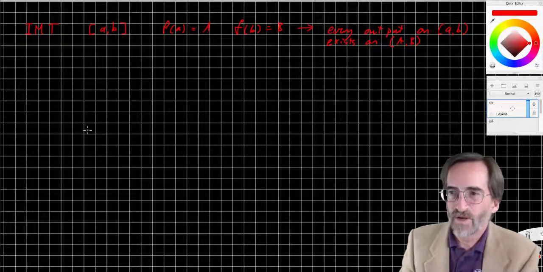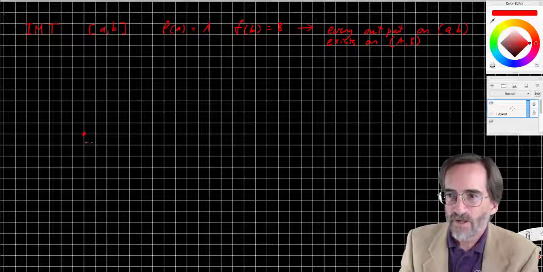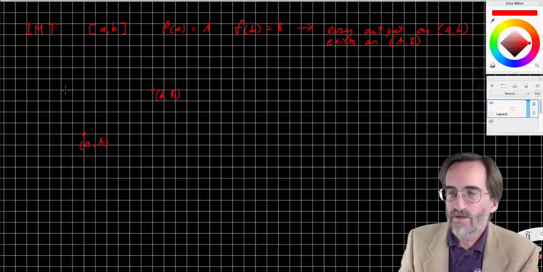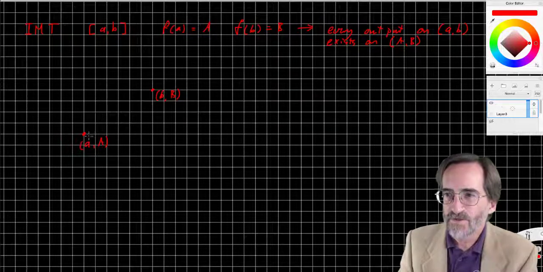Let me see if I can make clear what that means here. So we have some point a and cap A, and b and cap B, input and output. If a function is continuous, there are no gaps or anything, I can't suddenly skip over and pick up my pencil.